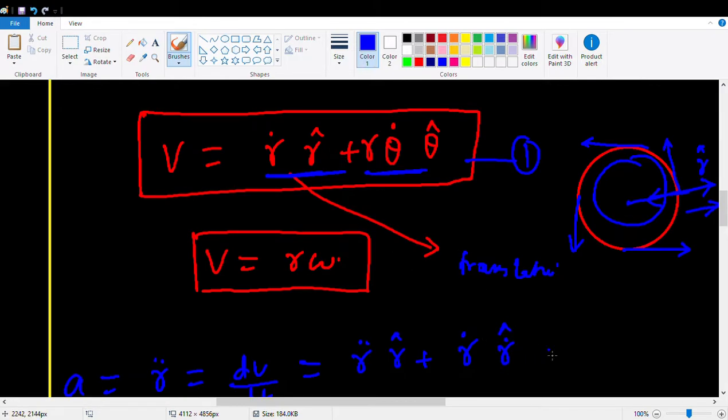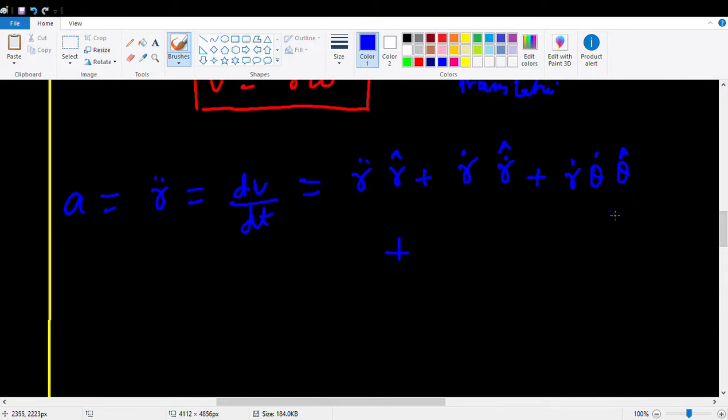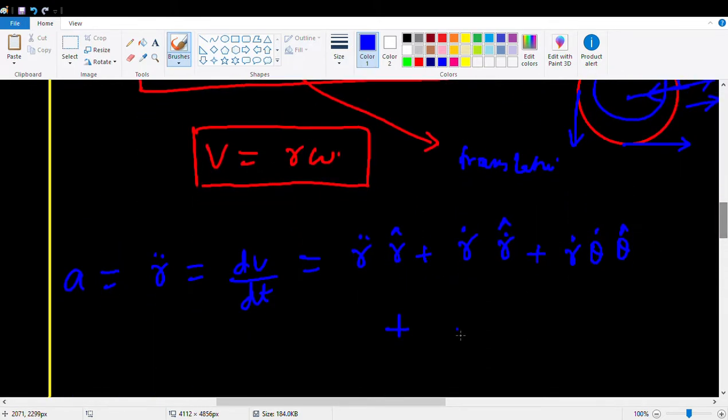Here there are three quantities. First I'm going to write this one, theta hat, plus r theta double dot theta hat plus r theta dot, this one.